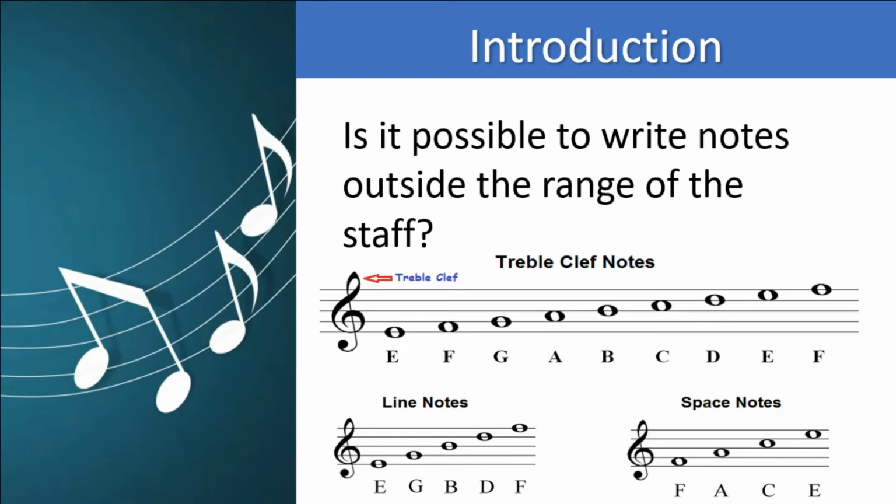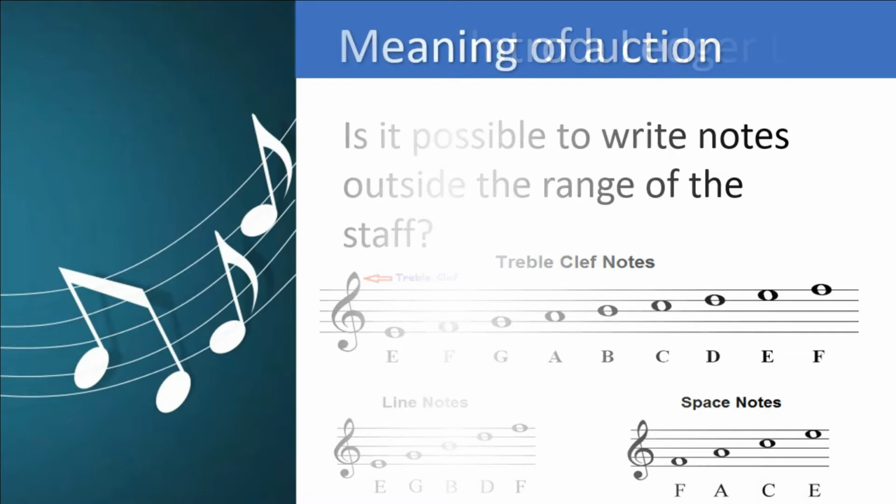Now the musical staff, of course, has been designed such that when we put our notes there, we can easily perform them either by singing or by playing on the instrument. Because of the need to write some notes which the staff cannot accommodate, that now gives rise to ledger lines, which is the subject of this lesson.